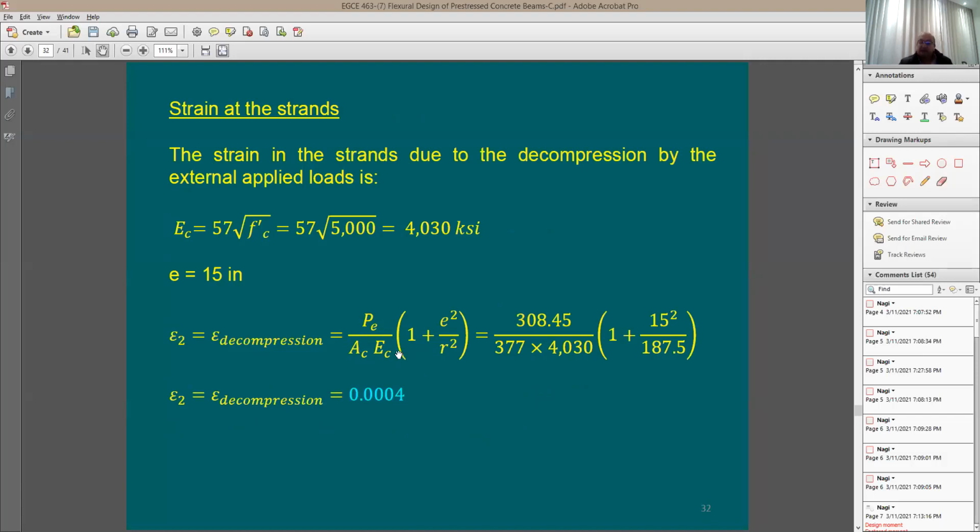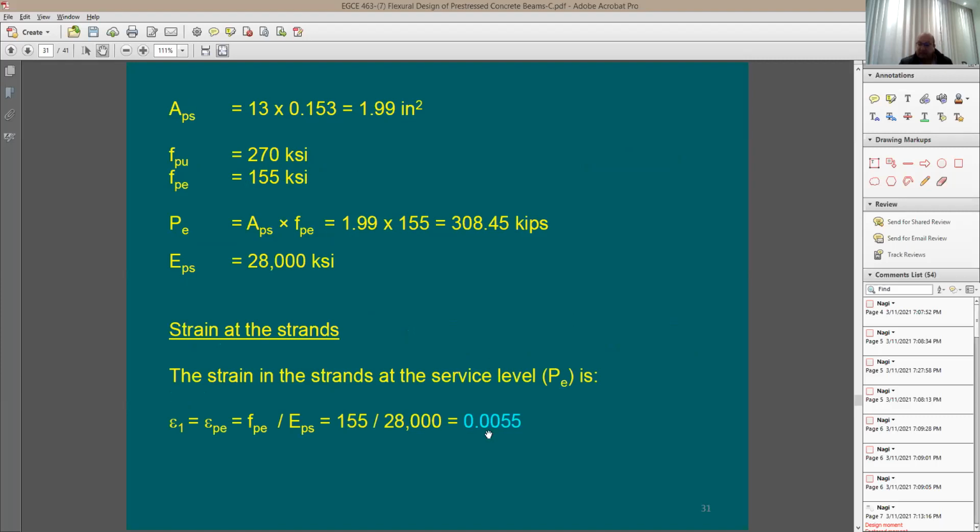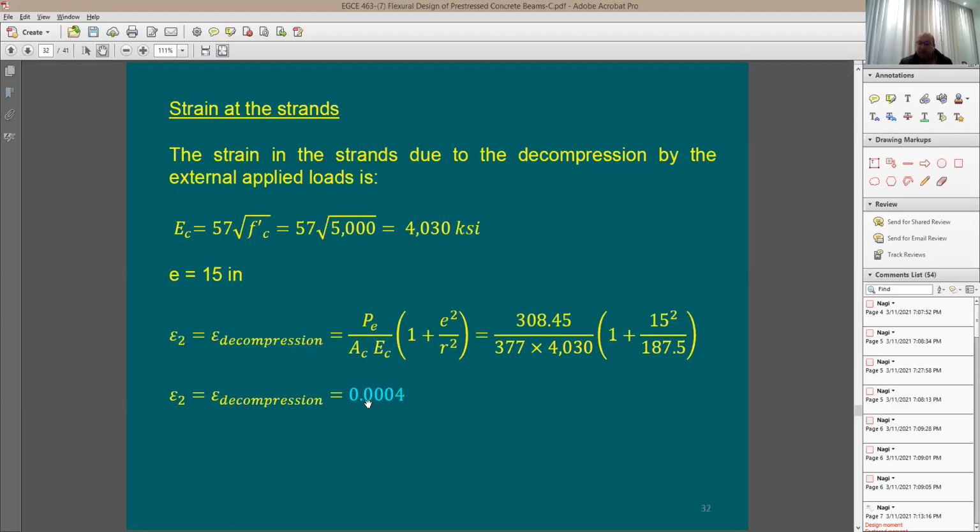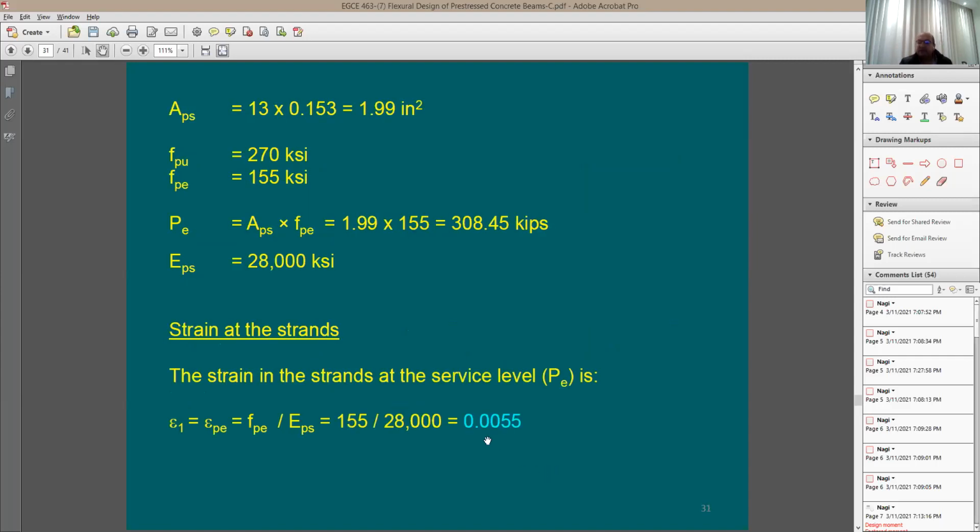Does it mean that the concrete is going to be strained at this level, the 0.0055, or at 0.0004? It's going to be the question, right? And then we need to look at what happened. So right at the strained location, the strain in the concrete based on this equation is going to be equal to 0.0004. But in the strand itself it is going to be 0.0055, which means it is true that you stretch the strand.